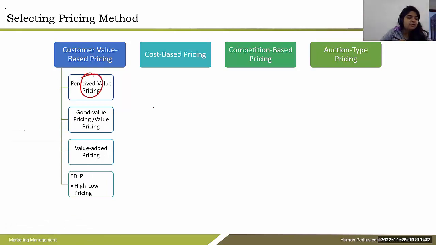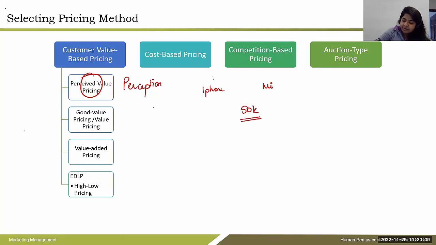Perceived value pricing. Perceived value pricing is about your perception. The word here is perception. A customer will pay the value that he perceives is equated to that good. Let's say I'm offering you an iPhone and I'm offering you another phone, iPhone versus MI phone, and I'm charging you 50,000 rupees.